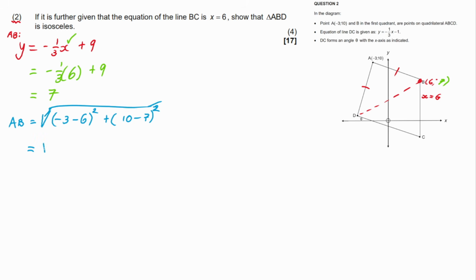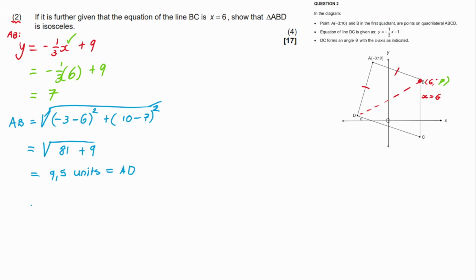If we evaluate that, this is minus 9 squared, which is 81, plus 3 squared, which is 9. This is going to be the square root of 90, which is approximately 9.5 units, like we did before, and which is also equal to AD from the previous question.